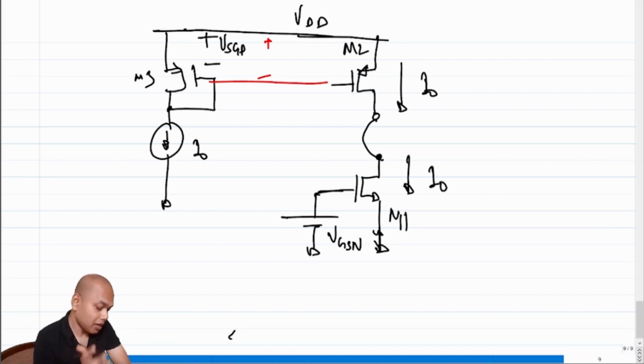But again, this is not the full story, because we cannot also bias M1 with a constant voltage source, because of problems we have discussed before.